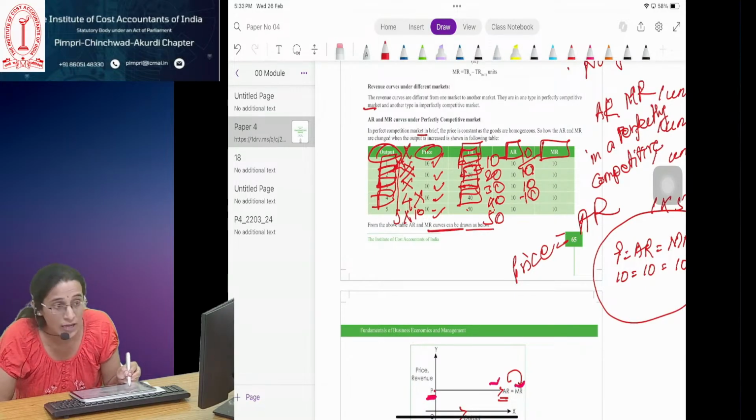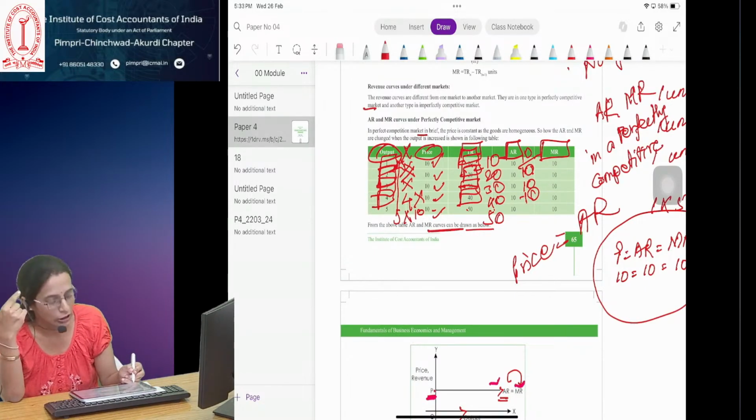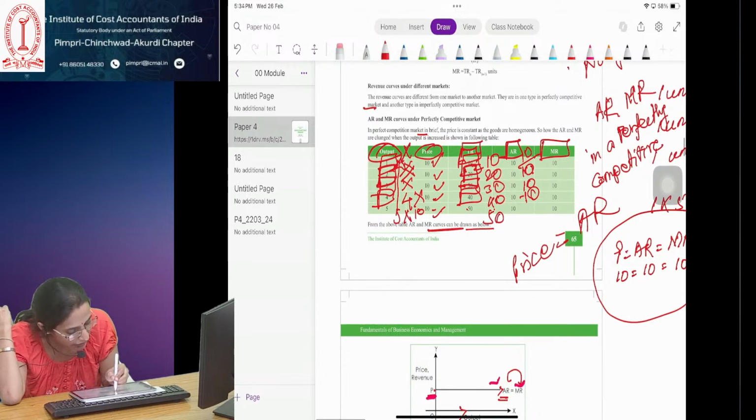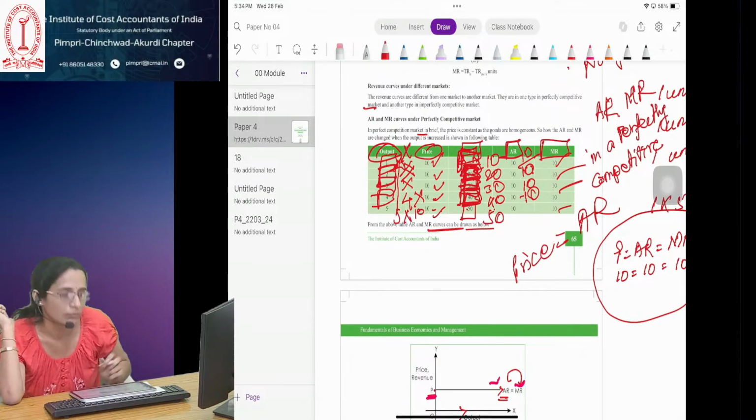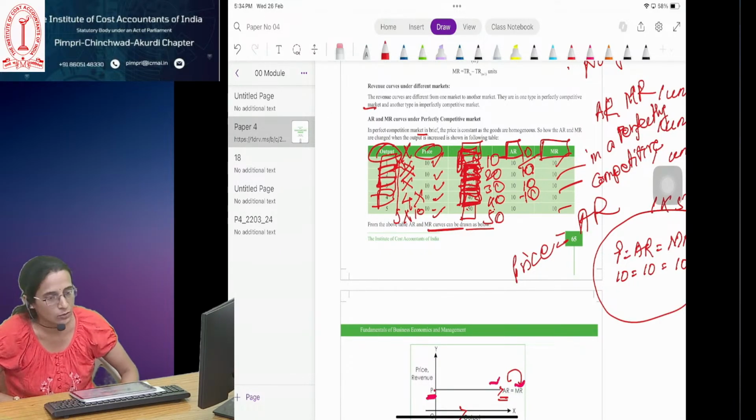And what is happening to marginal revenue? Marginal revenue is the change in the total revenue. Total revenue was 10, later it becomes 20. 20 minus 10 is 10. 30 minus 20, 10. 40 minus 30, 10. 50 minus 40, 10. So marginal revenue is also 10.